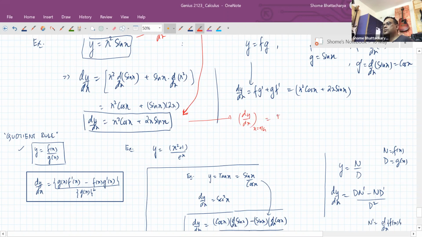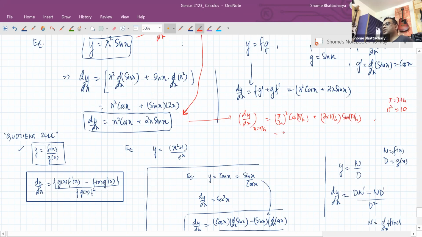So that will become pi by 4 square cos pi by 4 plus 2 times pi by 4 times sine pi by 4. Okay. Now we can use an approximation that pi square is nearly equal to 10 and pi is 3.14.